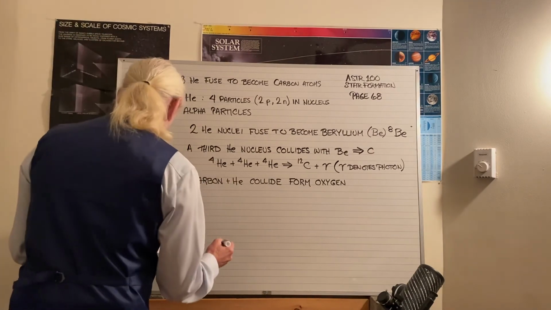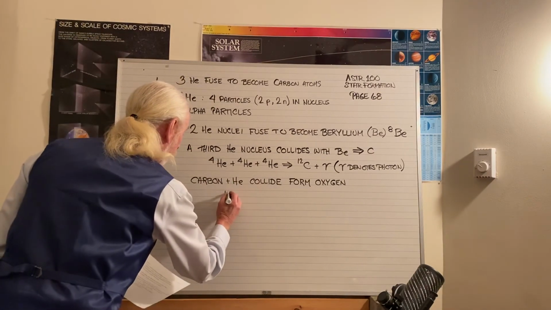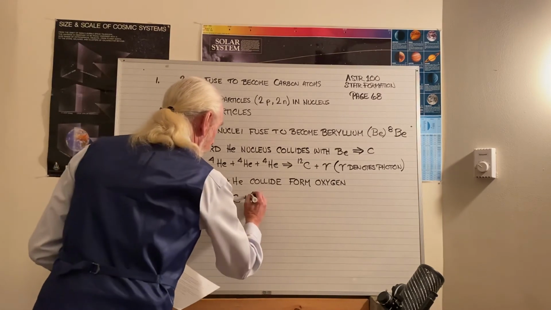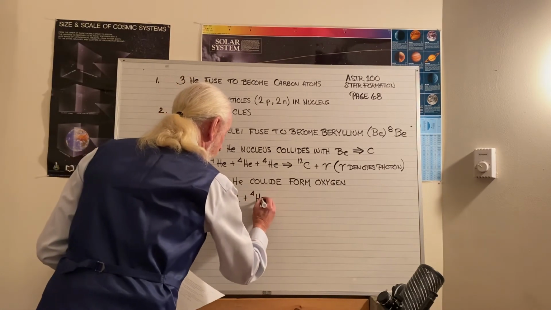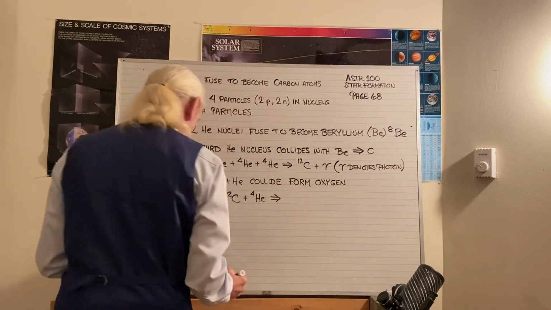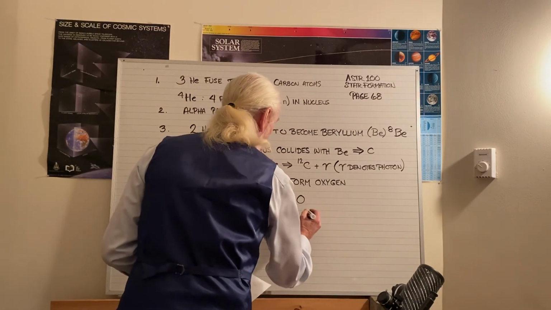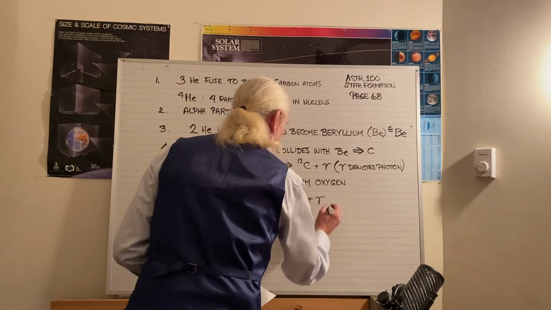So we would indicate that as like so, 12C plus 4He yields 16O plus a photon.